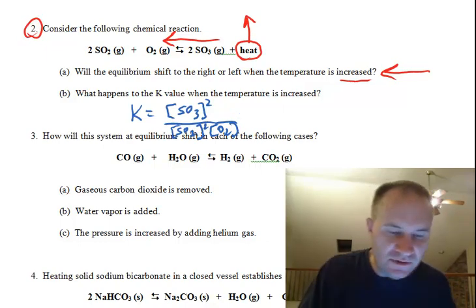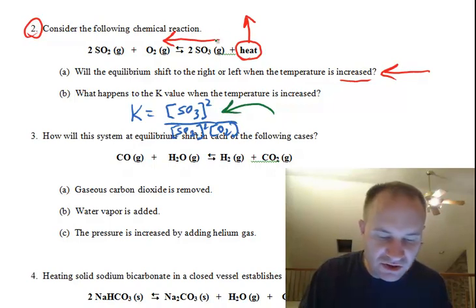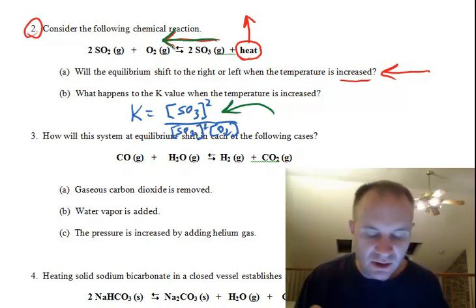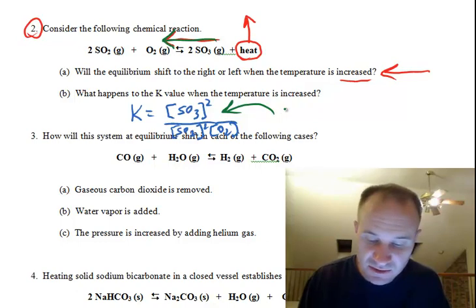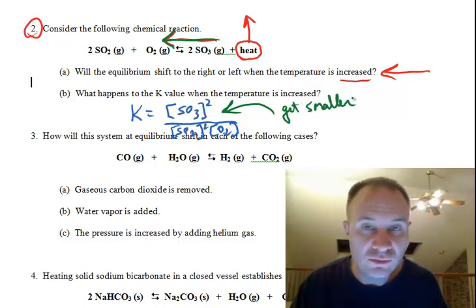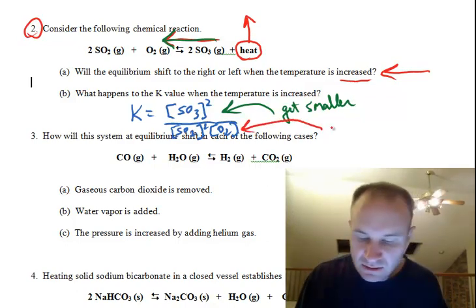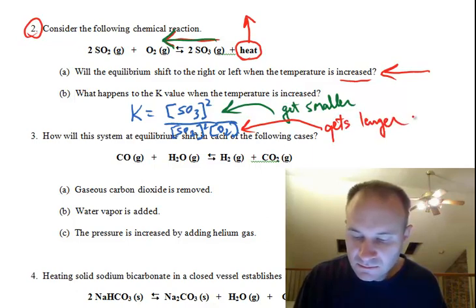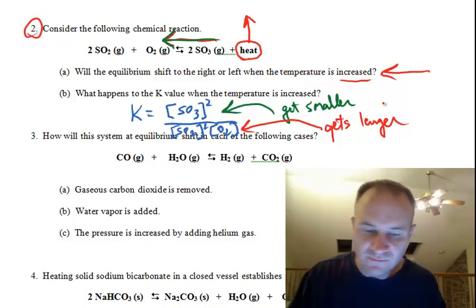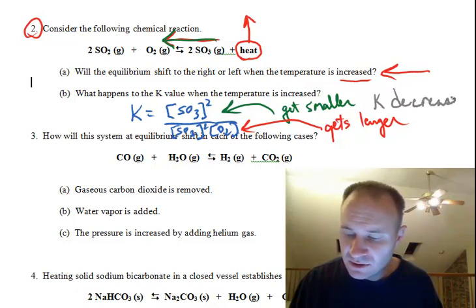And what we're seeing is that with this shift up here to the left, what we see predictably is that this is going to get smaller in the numerator, and the denominator gets larger, and therefore overall what we see is that K would be expected to decrease.